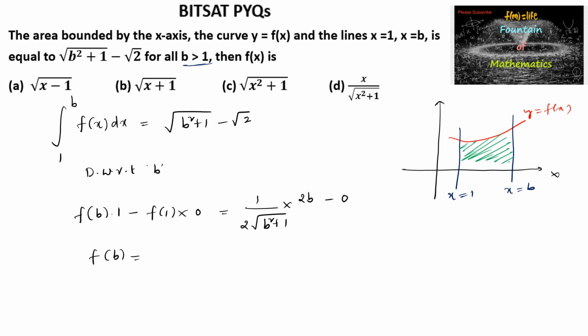That is f of b is equal to, so we can write b upon root of b square plus 1. So we can also say f of x is equal to x upon root of x square plus 1, which is option D. So we can go with an option D.